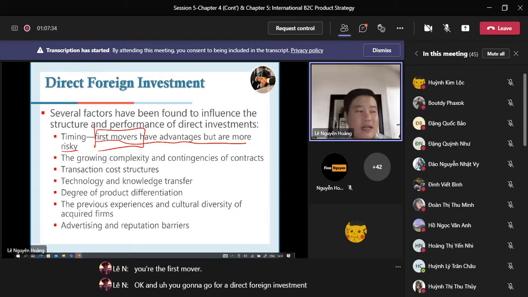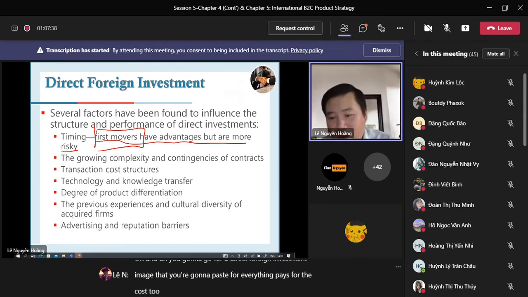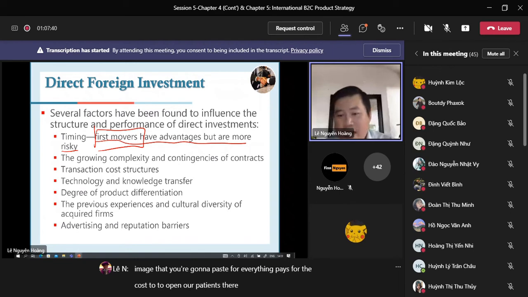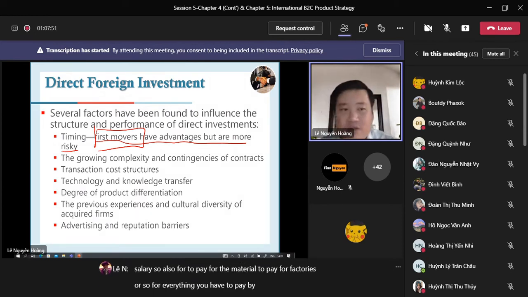It means that you're going to pay for everything, pay for the cost to open a business there, pay for the employees' salary, and so on and so forth, pay for the material, pay for factories, and so on. Everything you have to pay by yourself. So that's what we call direct investment.